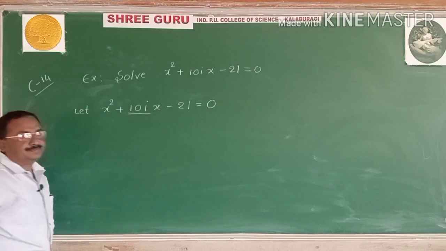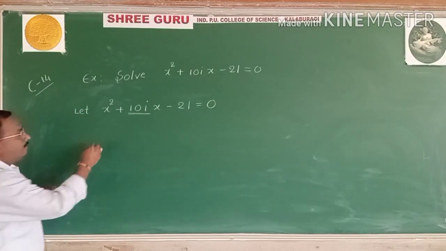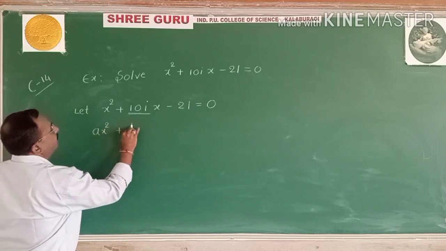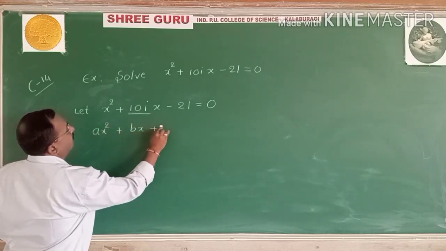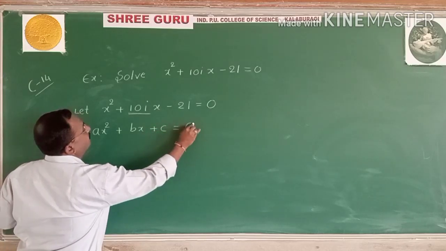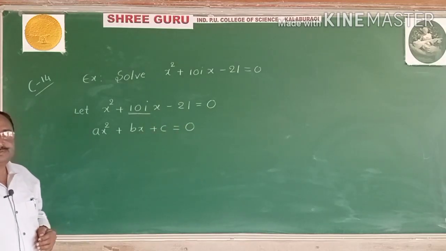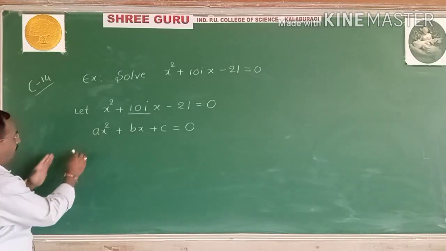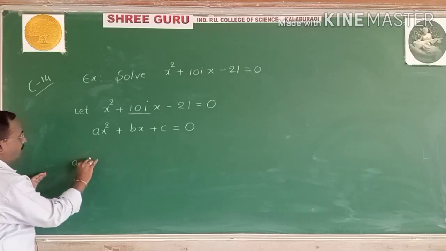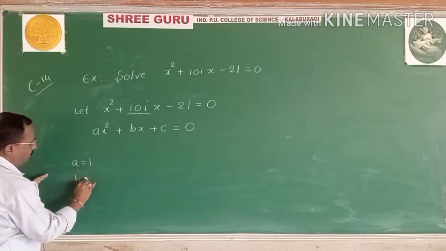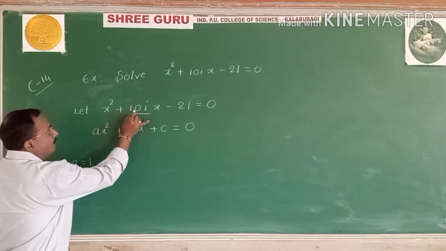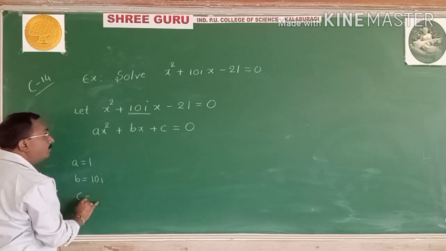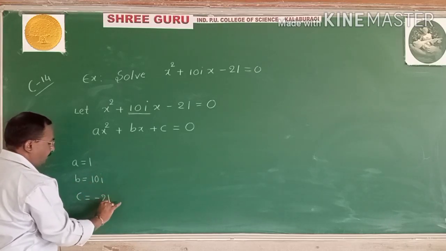Carefully, this is in the form of ax square plus bx plus c is equal to 0, polynomial form, where a is equal to 1, b is equal to 10i, c is equal to minus 21.